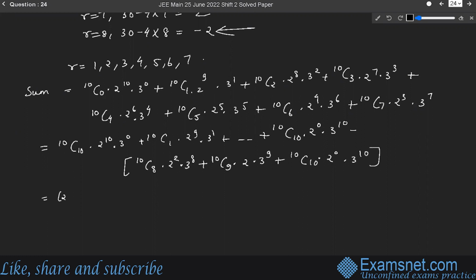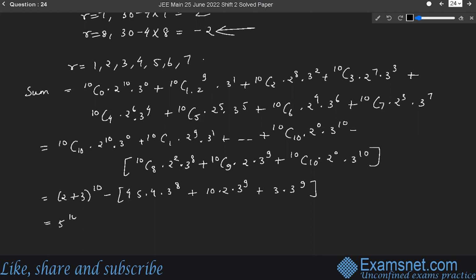So this will be equals to (2 plus 3) whole power 10 minus 45 into 4 into 3 power 8 plus 10 into 2 into 3 power 9 plus 3 into 3 power 9.